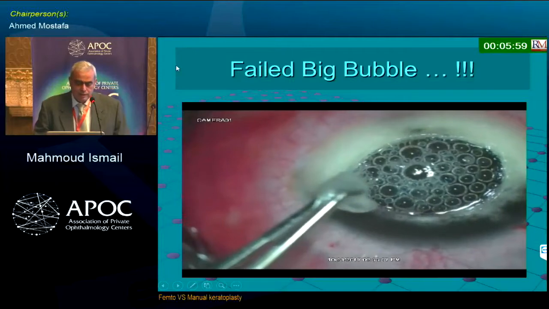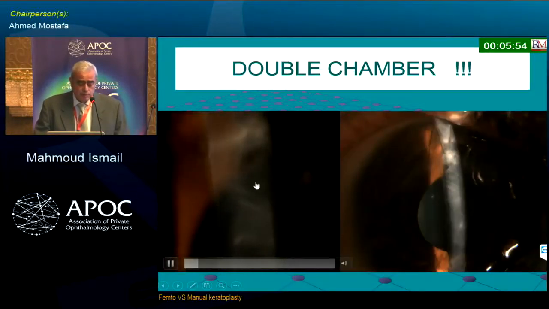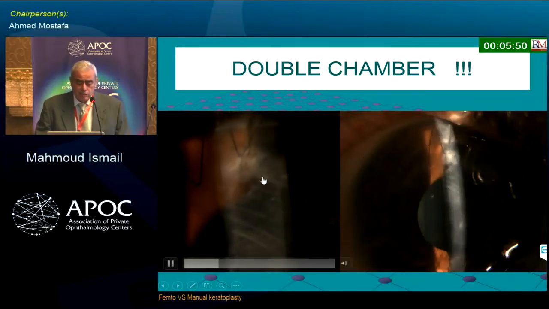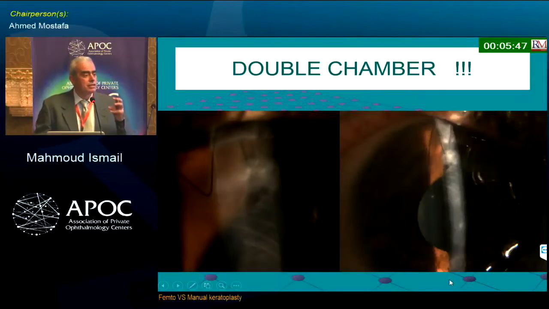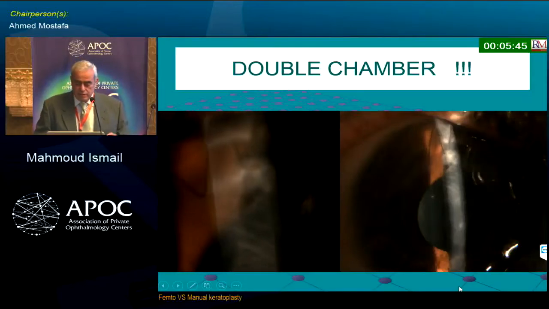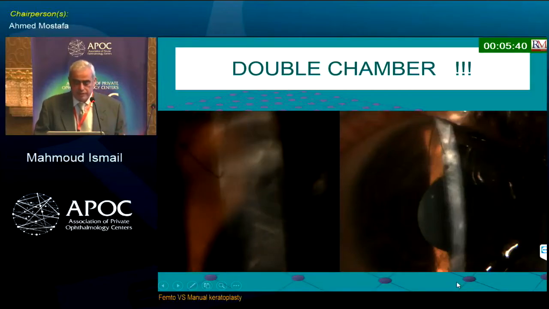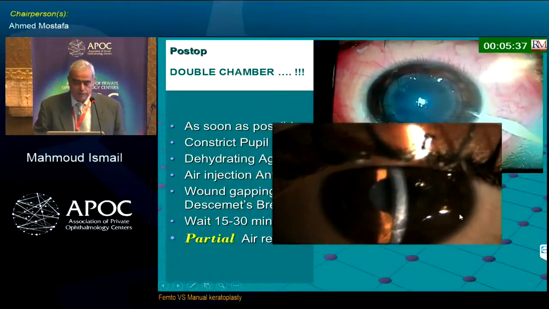Okay, what is the problem when you find something like a double chamber and you have the hole like this here? You have the surgical talents and skills and the information that you can convert it to a survival case. It does look slightly ugly, but you can survive with the case.